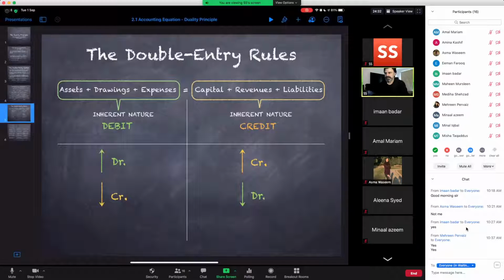Minal probably cannot hear me. Minal Iqbal can, but Minal Azim, I could not hear you. Your voice was breaking down. So can you write it in the chat box, Minal?